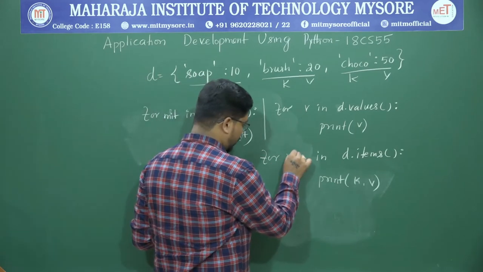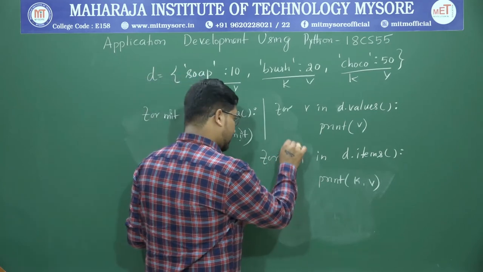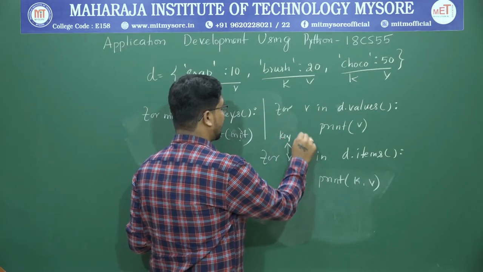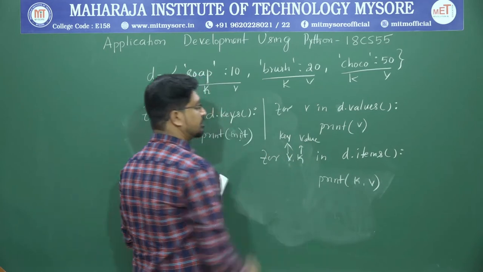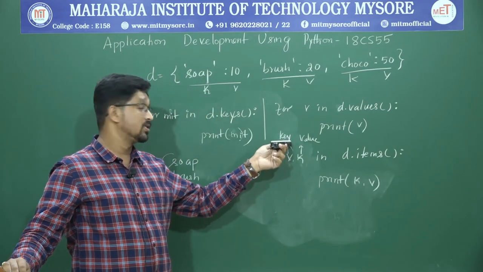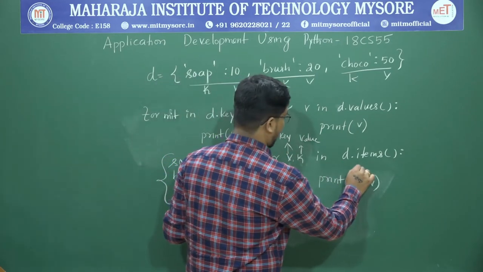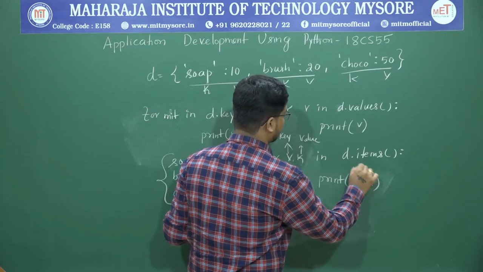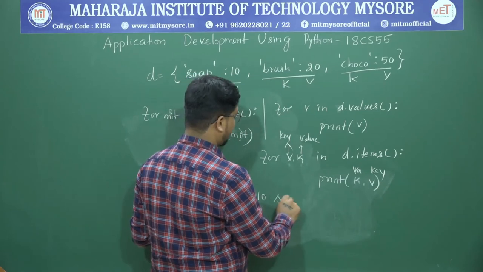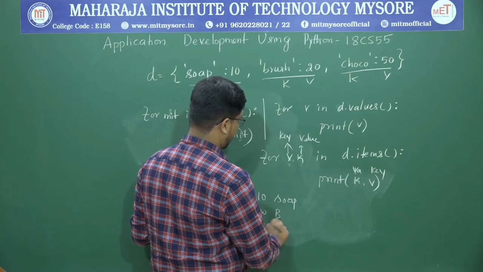Here v stands for what? Even though we understand v as a value, the first variable will be key, and the second variable will be value. This is just a name, but the first variable always stands for key, the second variable always stands for value. So v stands for key, and you will get again 10 soap, then 20 brush, 50 choco.